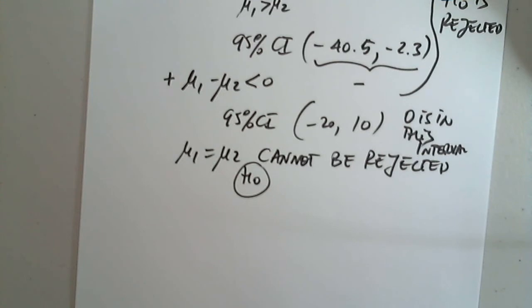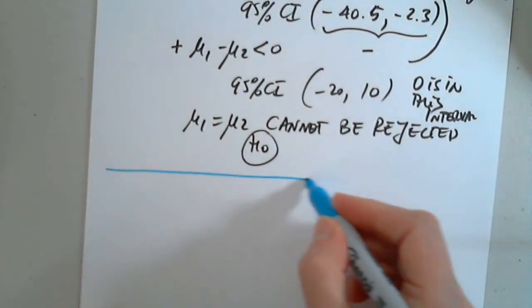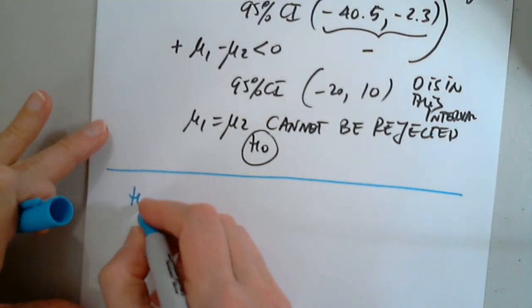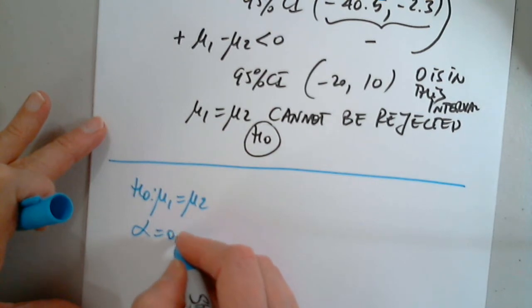In each of the following cases, illustrate the preceding relationship by comparing the results of the hypothesis test and confidence interval. I'm going to copy A. So I have mu1 equals mu2. They're giving us alpha 0.05.